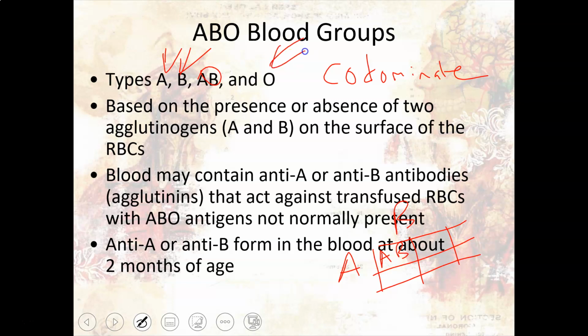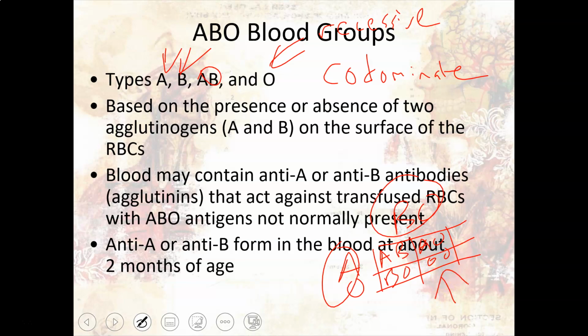But the O here is recessive, which means that if you have type A blood, your genotype may be AO. Type B blood, it may be BO. So this would still give you type B blood, and this would still give you type A blood. We do our little square here, we get AO, BO, OO. In order to have type O blood, this has to be your genotype.